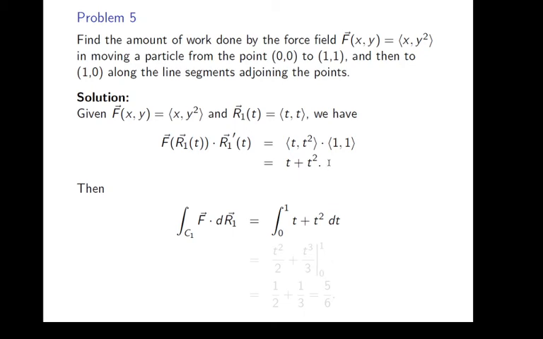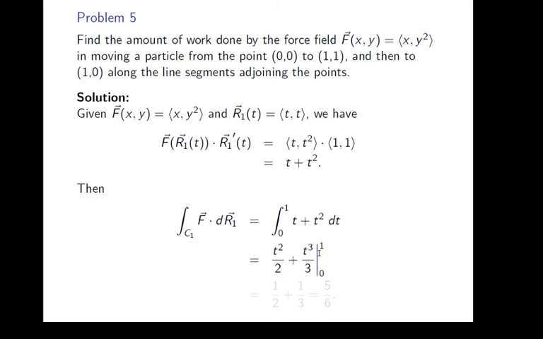Now all we need to do is to integrate t plus t squared over the interval 0 to 1. And so we have this definite integral here, and integrating t, we get t squared over 2. Integrating t squared, we get t cubed over 3. Now we plug in 1 to t and 0 to t.